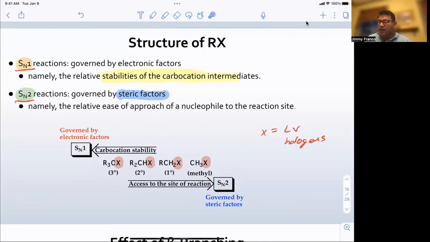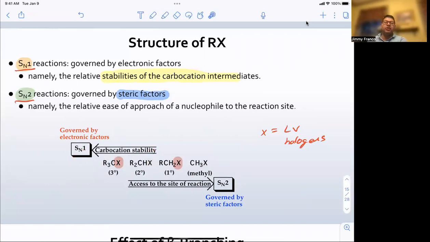If it's on a tertiary, it's going to favor SN1. If it's on a methyl or primary, it's going to favor SN2. The only one that really favors both is the secondary. Secondary is the toughest because it favors both.